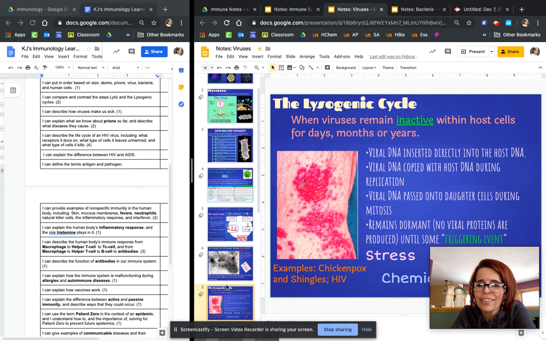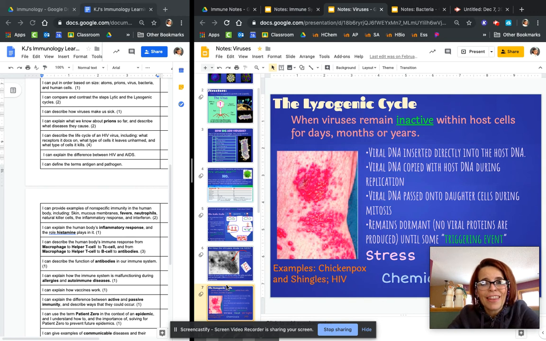So the lysogenic cycle is exactly the same, but it's the idea that sometimes viruses sort of stay asleep in our DNA. And as our cells divide, that DNA gets copied, but they don't start building the viruses until some triggering event. Sometimes that event could be stress, chemicals, lack of sleep, whatever.